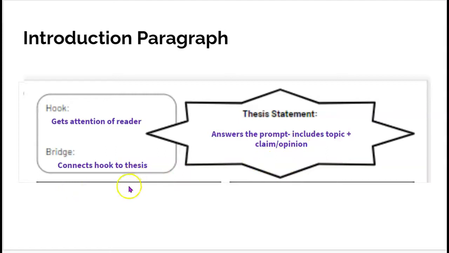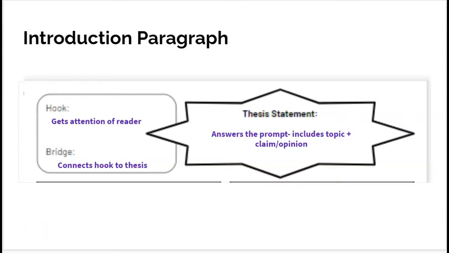Okay, so your introduction paragraph will be 1 to 3 sentences long, and your thesis statement will go in this star, because like this North Star that used to guide the ships of sailors, your thesis statement is going to guide us through your essay. So it answers the prompt. It includes your topic and your claim or your opinion about that topic, or your 2 reasons.